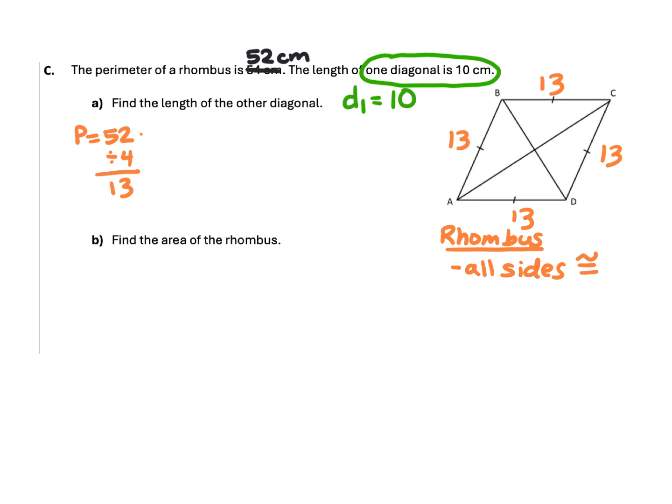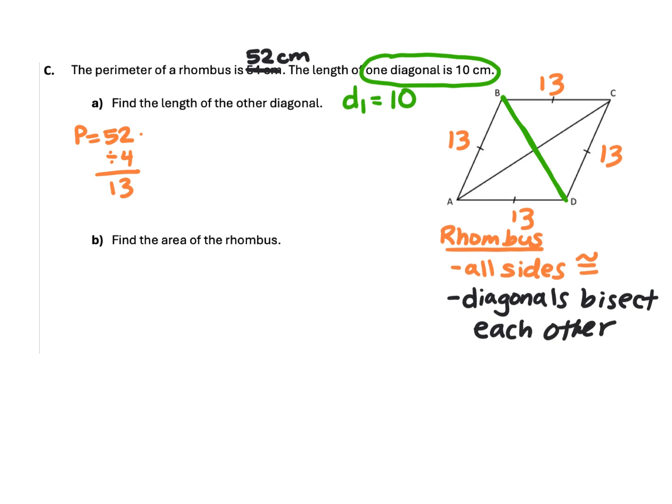Now, diagonal 1, I'm just going to pick this piece right here, BD, to be diagonal 1. If the diagonal is 10, remember that a rhombus is a parallelogram. So in a parallelogram, the diagonals bisect each other.